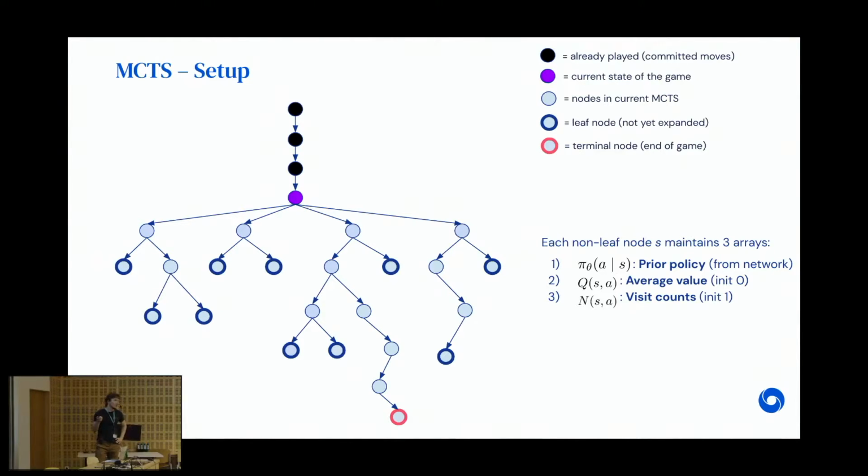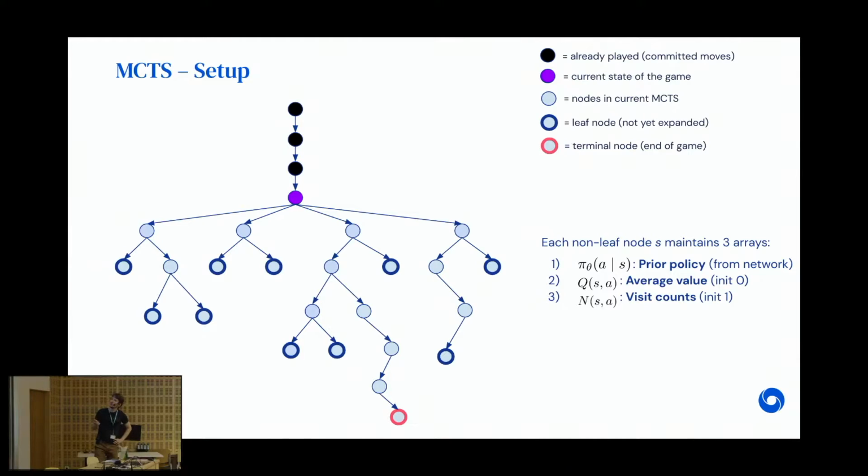And the agent is trying to decide what should be its next move from this state. And here I'm already showing a partially expanded tree search, but initially this would be empty. Initially there would be no children, but let's say we already have some. And so from this state, the agent has already constructed some possible futures of how the game might unfold, depending on different moves it might play.